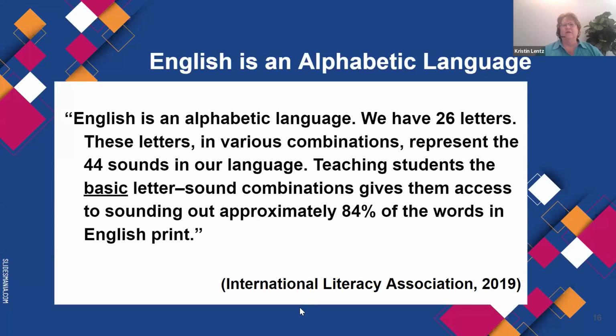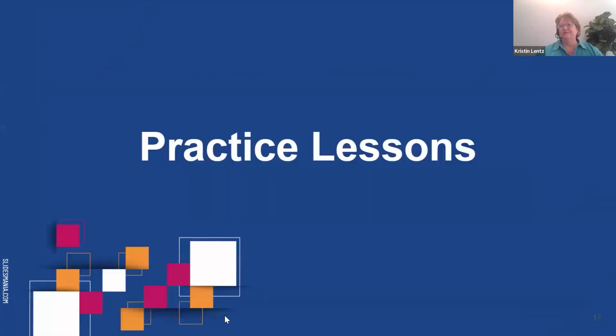You may think, well, what about words with schwa or words that we borrow from another language like garage or genre, right? That's when we're getting into more complex letter-sound combinations. And again, still possible to map, but it's great to think that students with just a basic understanding can get up to 84% of words in English.